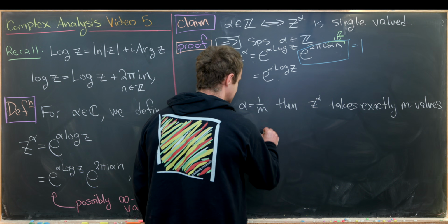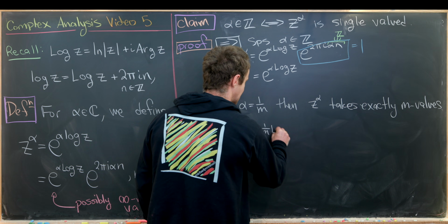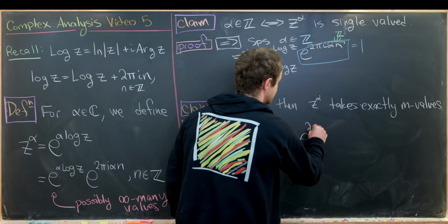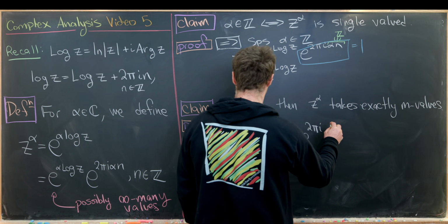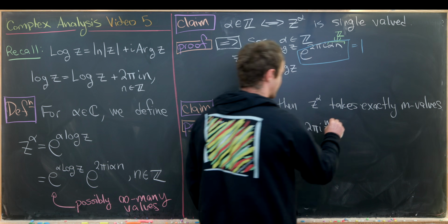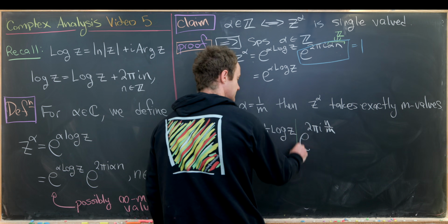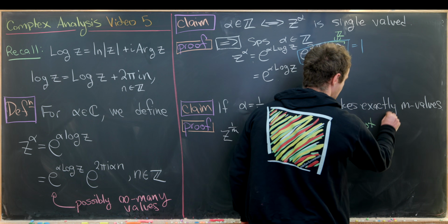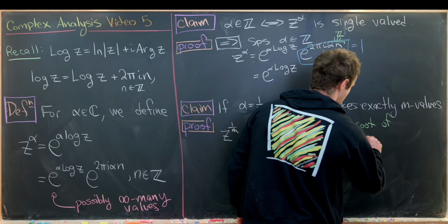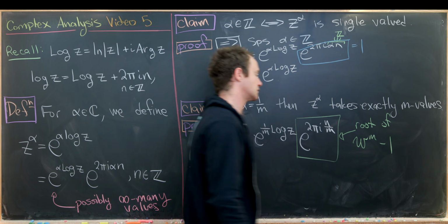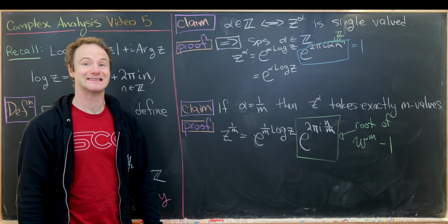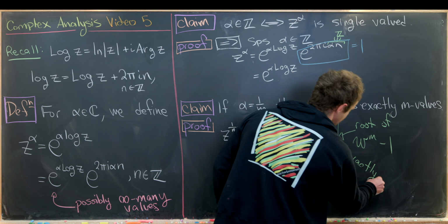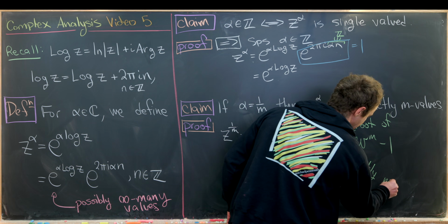And we'll notice that that is e to the 1 over m times this principal log of z, and then e to the 2 pi i, and then let's see, we have n over m. But looking at this, we see that this object right here is a root of the polynomial, maybe I'll call it w to the m minus 1, but there are exactly m roots of this polynomial because it is of degree m.